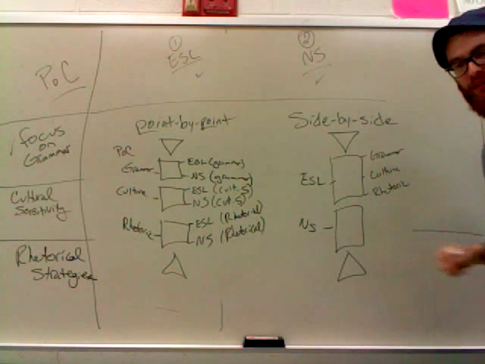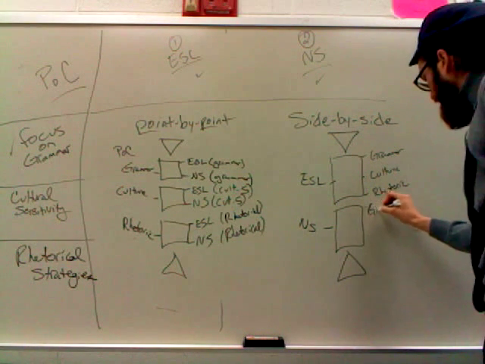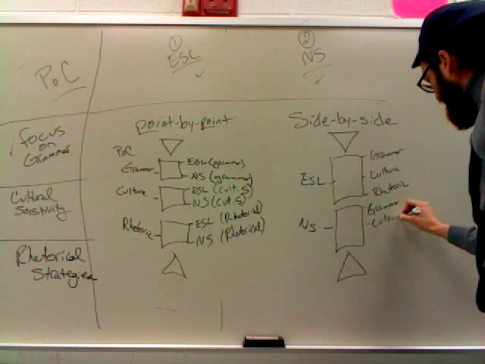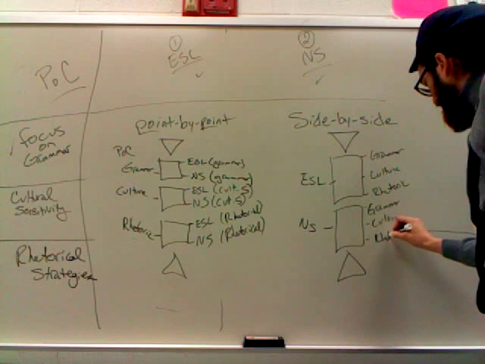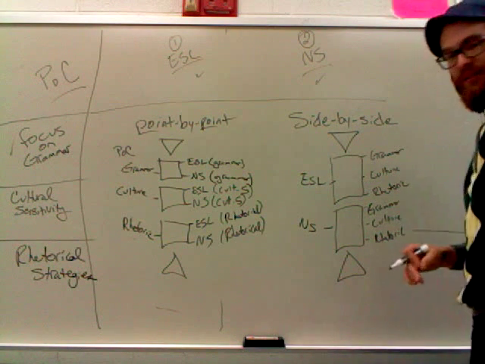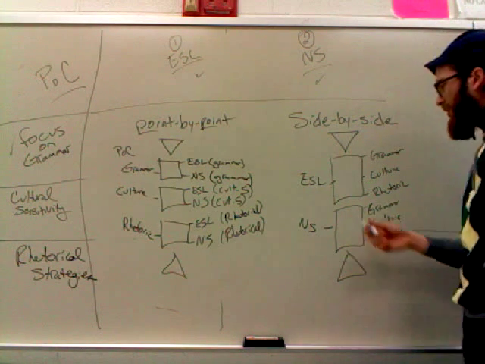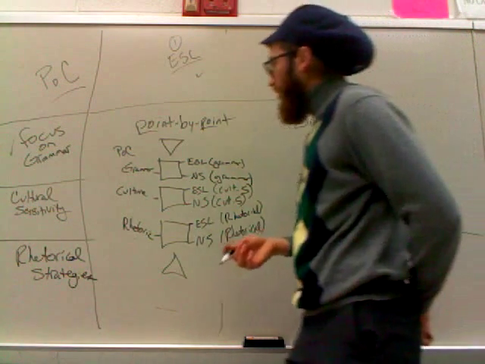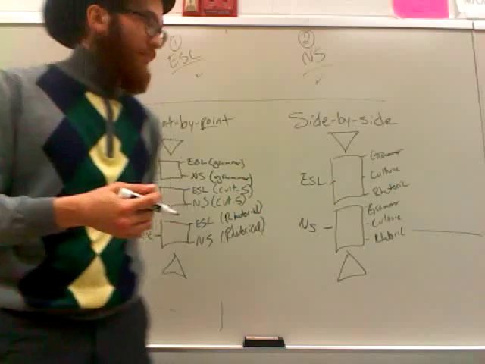Alright, and I bet you can guess what's here. Grammar, culture, and rhetoric. This is side-by-side organization. Because you have more points of comparison, your paragraphs will be longer. Okay?